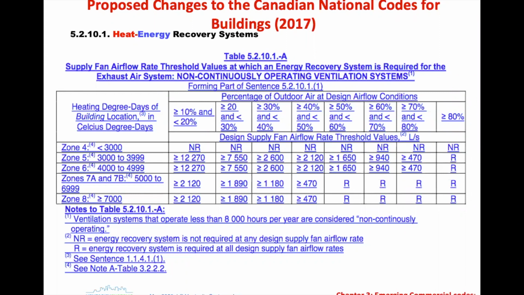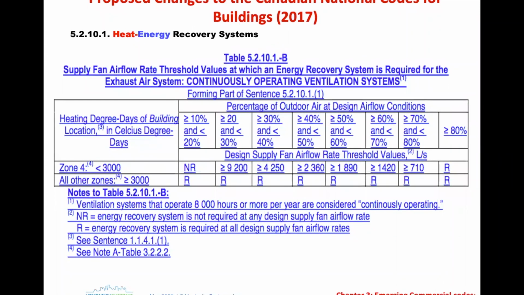If you go to continuously operating at over 8,000 hours per year, as you can see here, it's required almost universally, all zones but zone 4. And for zone 4, it's based on your airflow and percentage of outside air. But the trend and the move is very strongly in all of Canadian code to go to heat recovery, energy recovery ventilation in all systems.